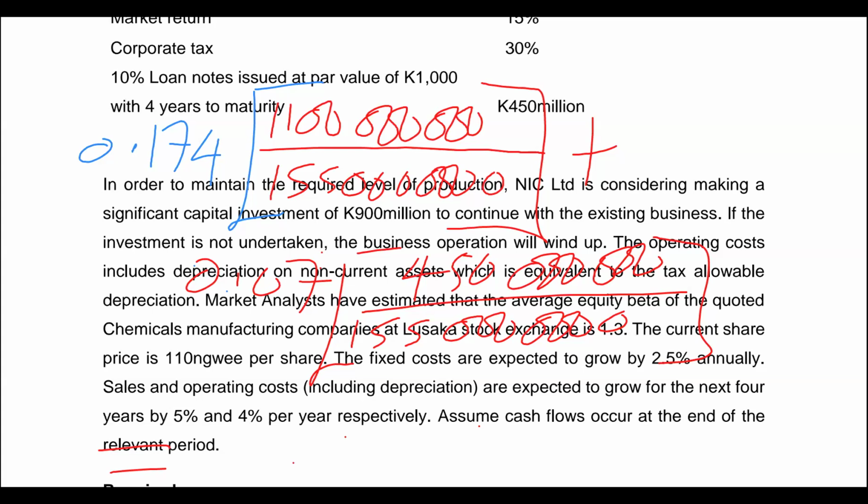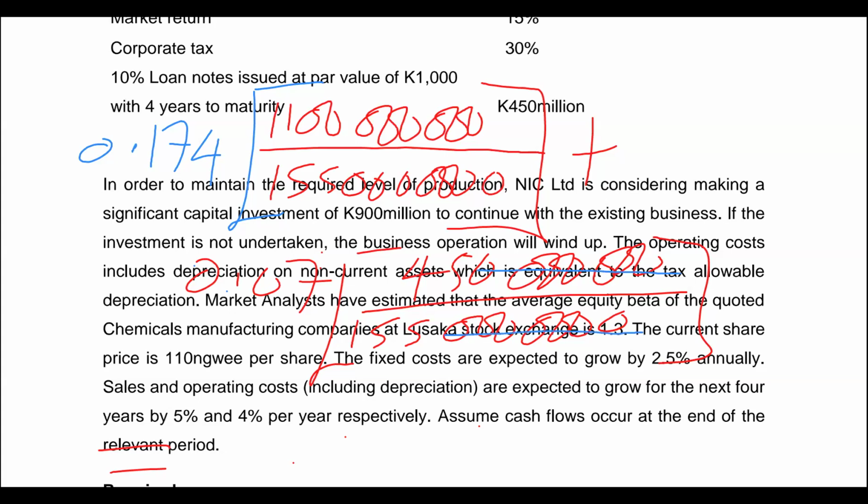How many zeros? 1, 2, 3, 4, 5, 6, 7. I think it's 7 zeros everywhere. So why don't you just cancel the zeros?